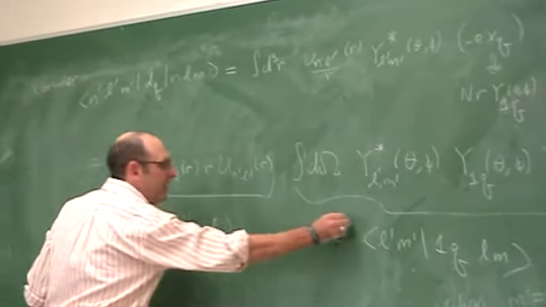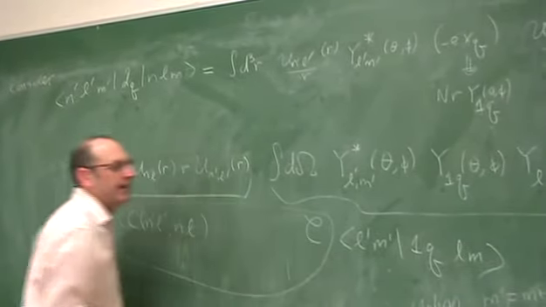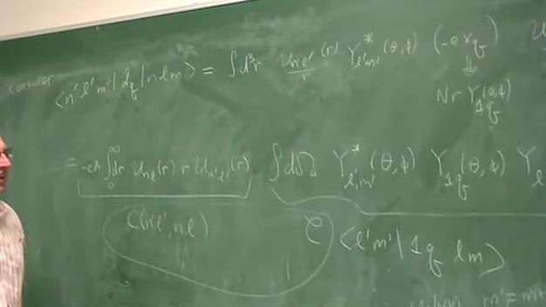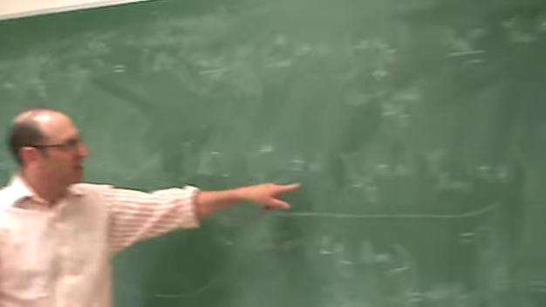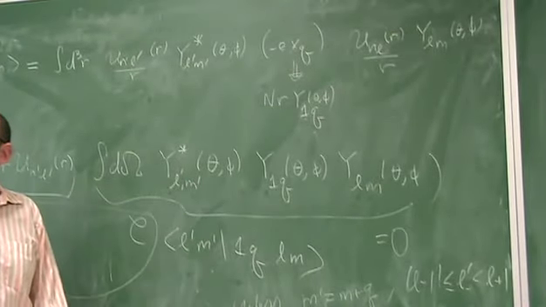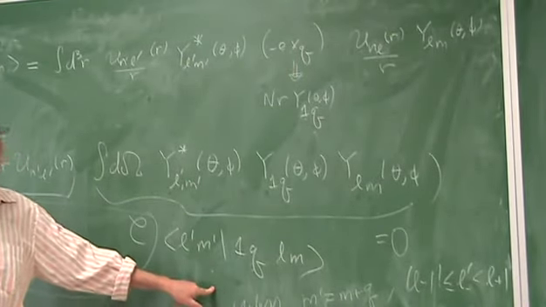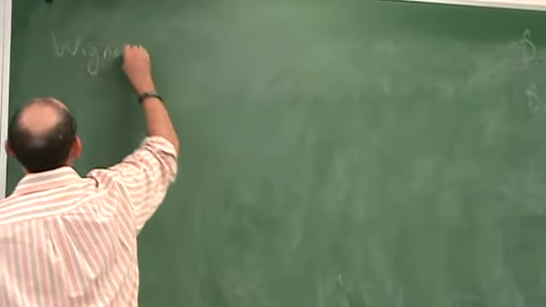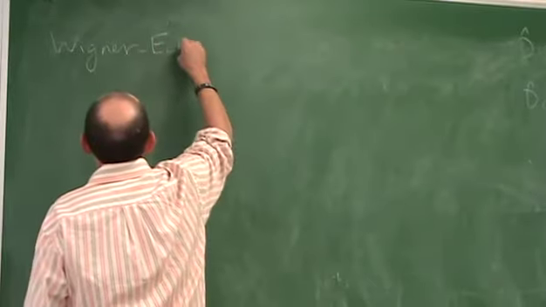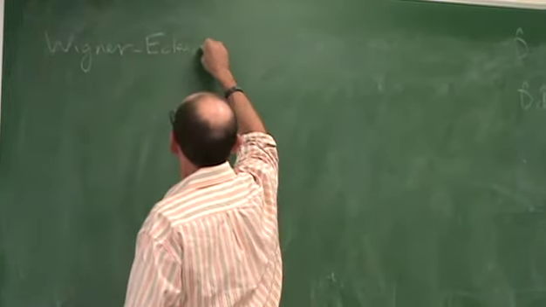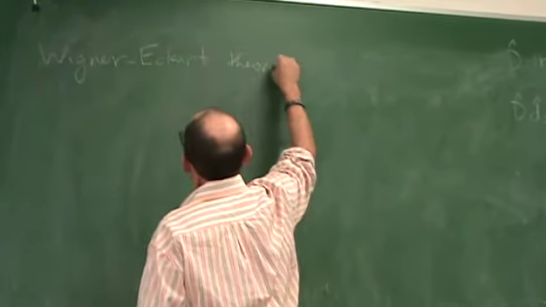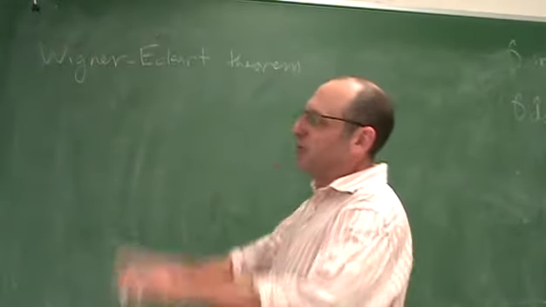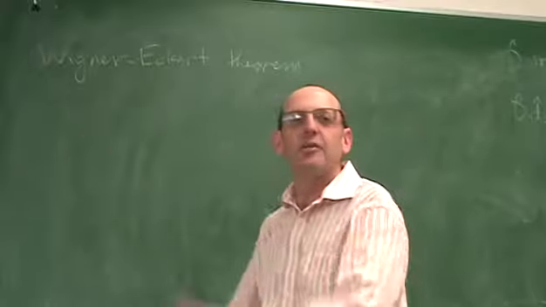One piece that depends only on, in some sense, the magnitude of things, and another piece that has to do with the directions in space, which is a Clebsch-Gordan coefficient. We generalize this to what's known as the Wigner-Eckhart theorem, which can be proven, but I'm not going to do it. I'm just going to write it down.